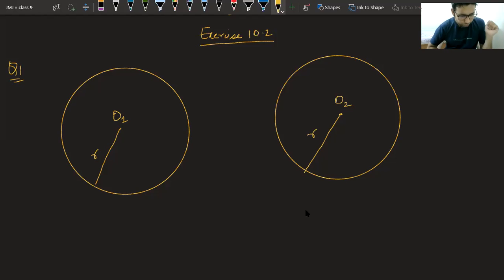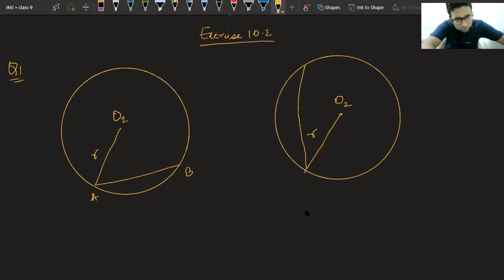Now prove that equal chords of congruent circles subtend equal angle at the center. Same question as the theorem. Suppose you have a chord AB and you have another chord. Let me rub this again and make a straight one.